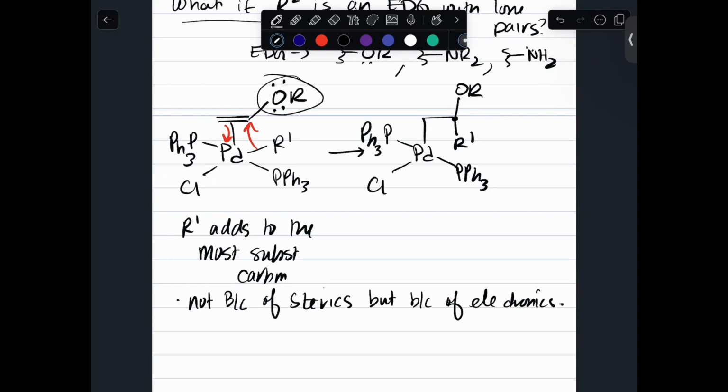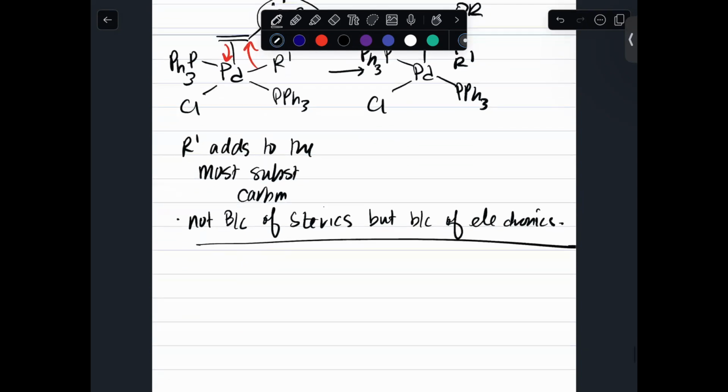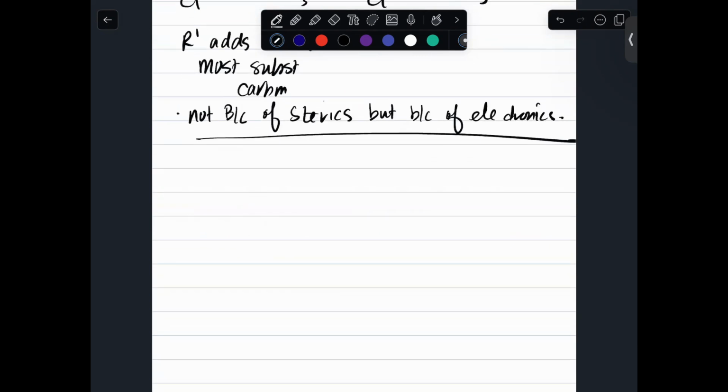If my electron donating group has lone pairs, okay? And it has everything to do with electronics. Why? If you look at your structure, and I'll redraw it for you.